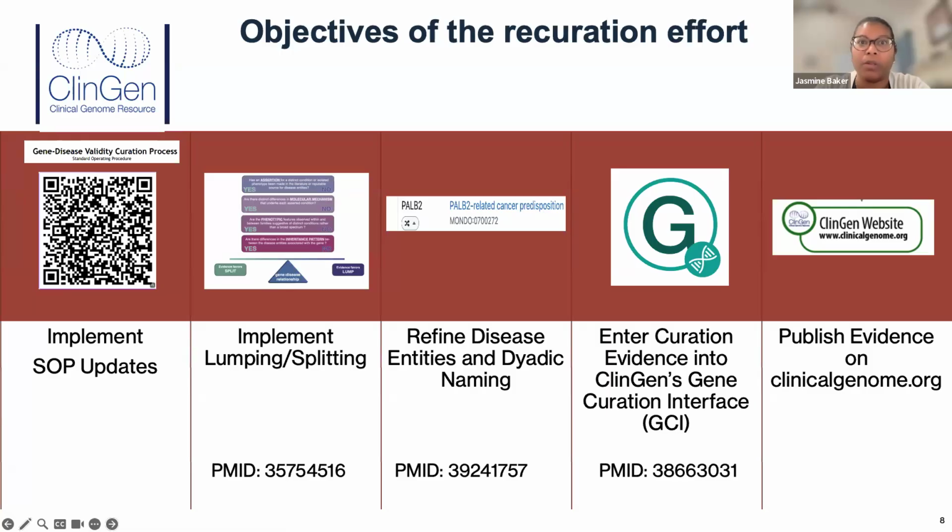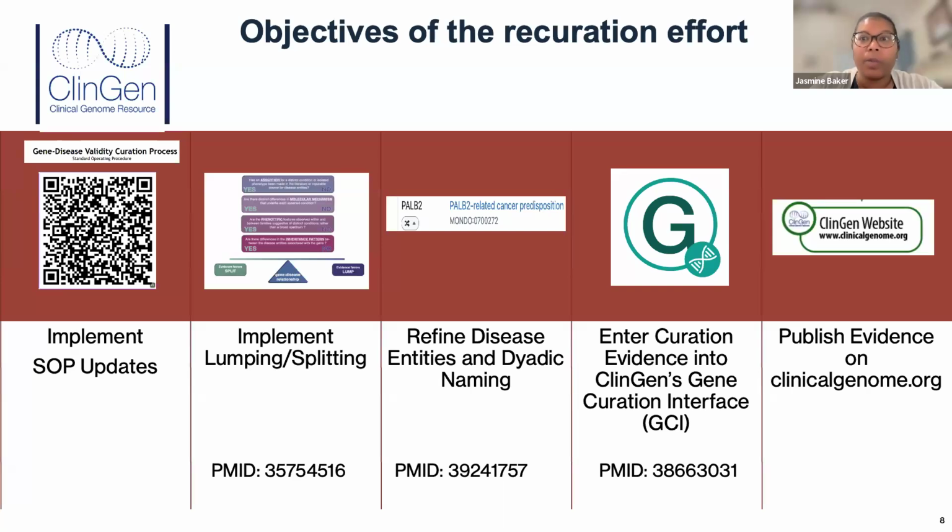I'm sure everyone on this call or anyone rewatching this knows, once you get new data and classifications are rewritten, you have to implement those new specifications. So that's what we wanted to do. And this QR code links to our most recent SOP updates.